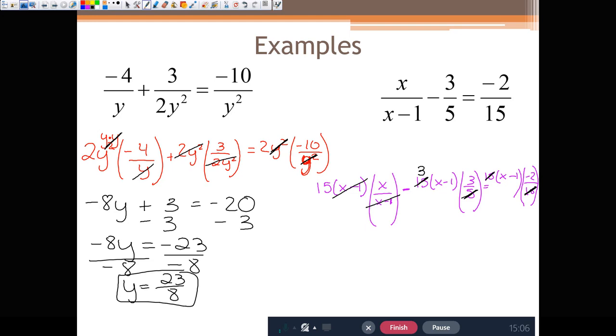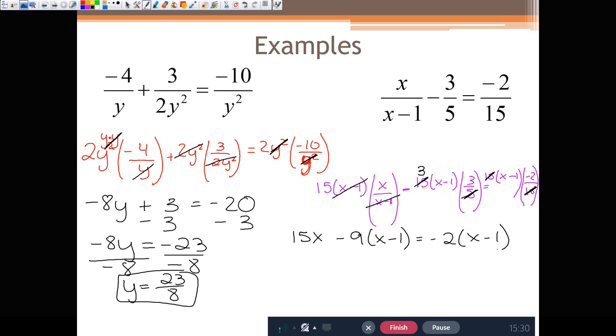I have 15 times x, and I get 15x. I have negative 3 times 3, because there's a negative here, which would be negative 9, but I still have this x minus 1. And then I have negative 2 times x minus 1, so that would be negative 2 times x minus 1.